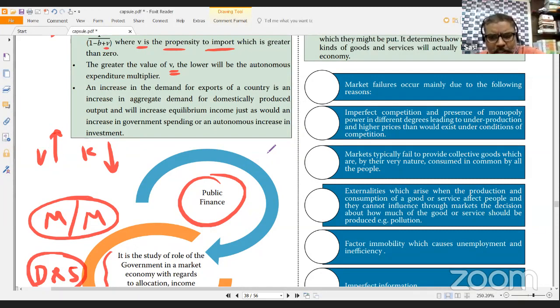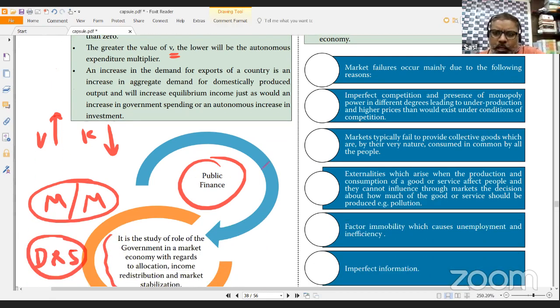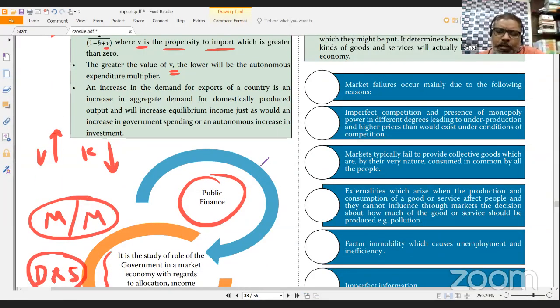So resource allocation is a very important job of government. Land or natural resources, particularly mining, is happening, let us say in India, coal mining or copper mining or any other metals mining is happening at a big level. Who is giving those mine leases? Government gives that. So government creates that kind of situation where resources are allocated.